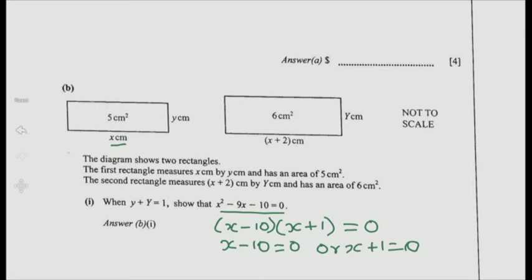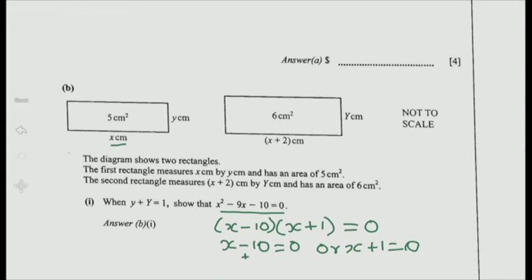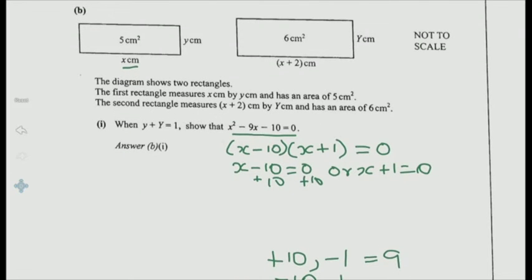Solving for x in each equation, adding the 10 on both sides, you get x is equal to 10, or here, subtracting 1 on both sides, you should be able to get x equal to negative 1. So those are the two roots.